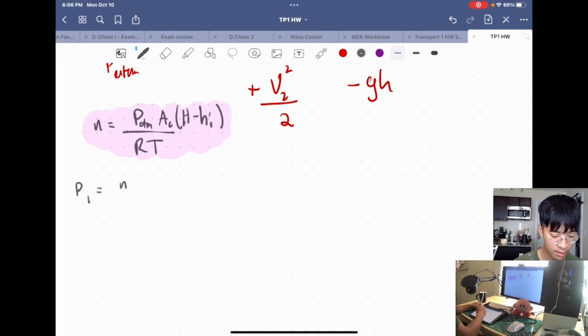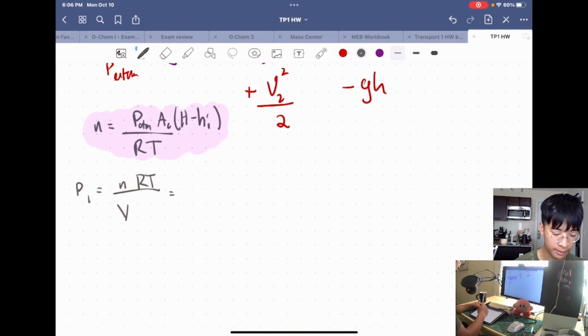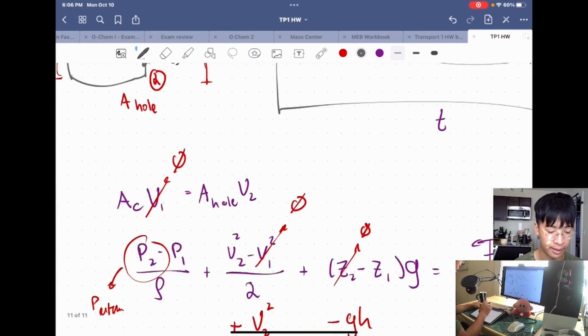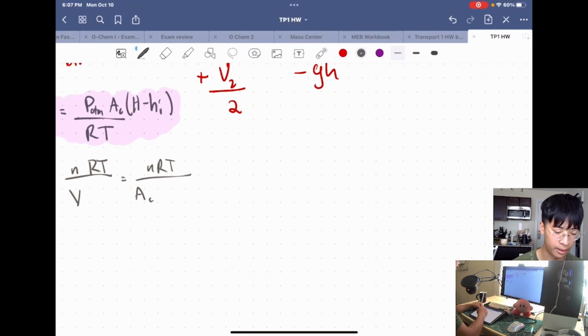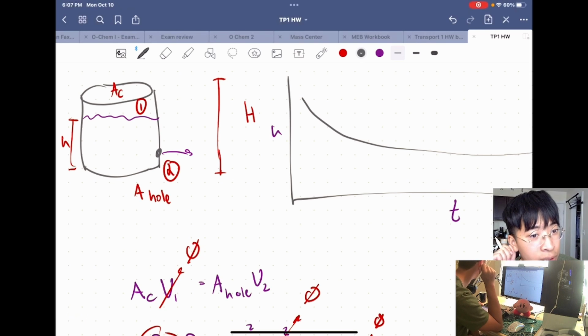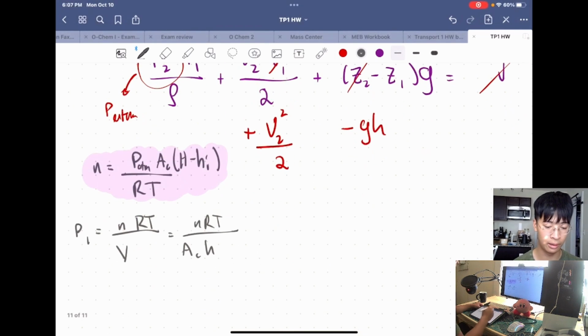P equals NRT over V. We split apart that volume expression as cross-sectional area multiplied by just h. h is our independent variable here; it's dynamic and changing. We plug that in, and our T's cancel, our cross-sectional area cancels, and our R's cancel.